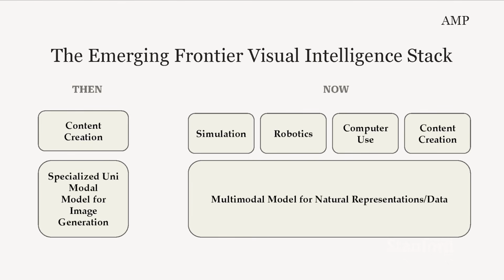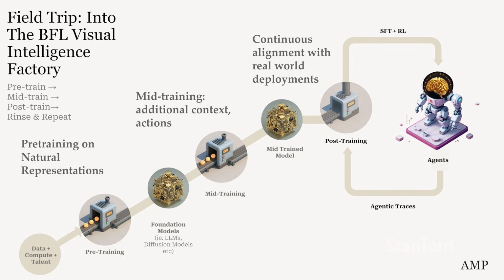So I think first you need to go from, we already talked about this, unimodal to multimodal. Right. And if you go back to the slide here, I think this is a good one. So there's a large pre-training on natural representations. These are the representations we humans use to learn from in our first years of our lives.